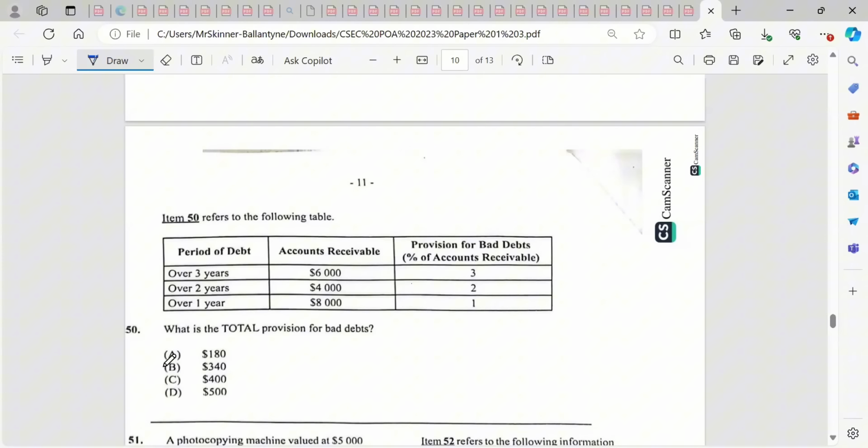So the answer will be B, 340. All right, so I calculate 3% of 6,000, which is 180, 2% of 4,000, which is 80, 1% of 8,000, which is 80, and I add them together. And that's how I get 340.